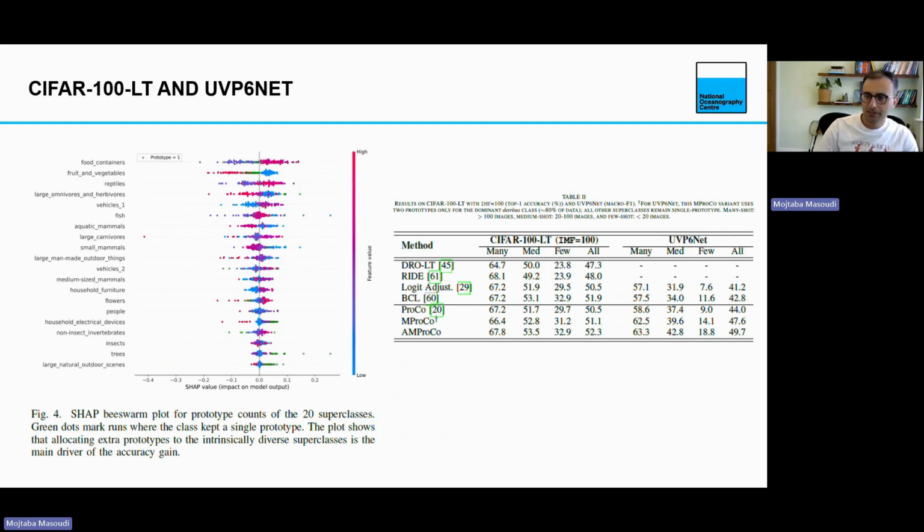As you can see, the green shows how a fixed number of prototypes can affect the performance. Sometimes for some classes it can be helpful, but sometimes it is not. And overall, you can see multiple prototypes can be beneficial for most of the superclasses.